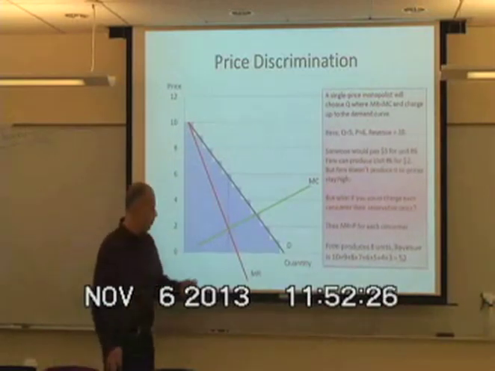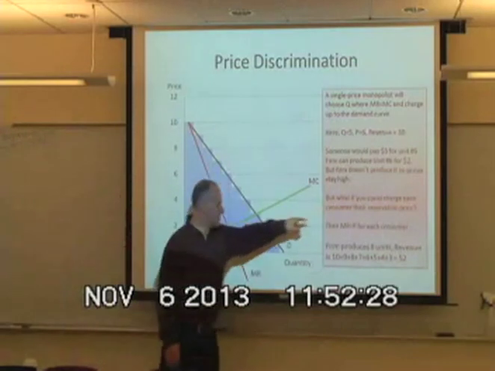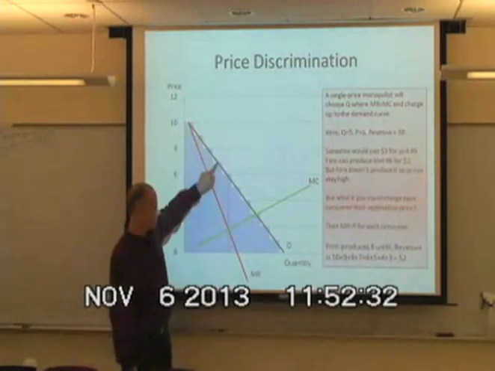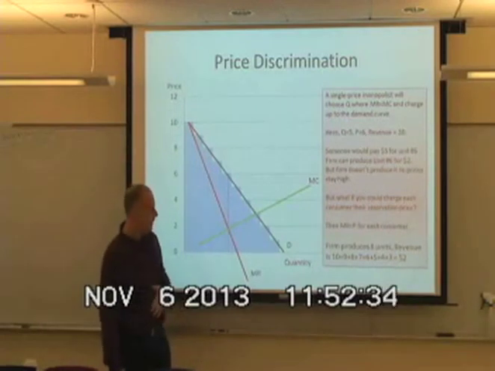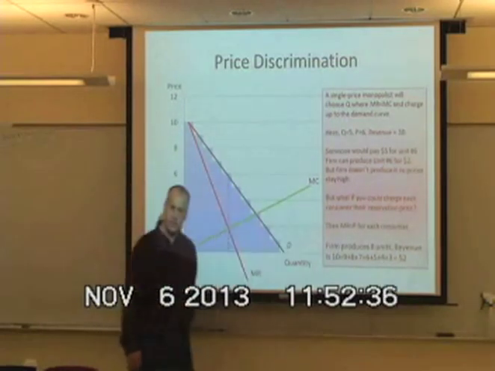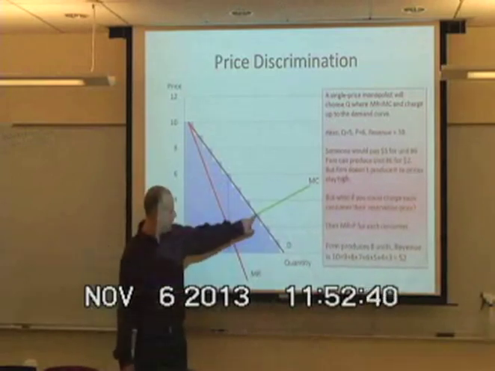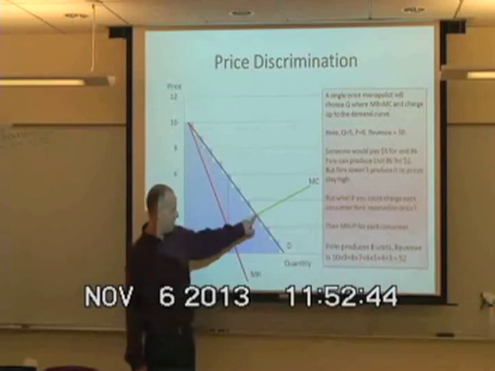In a world where you can charge each consumer exactly what they're willing to pay, 10, 9, 8, 7, and so on down the line, your marginal revenue is equal to the price that you charge each consumer. In this case, the firm produces all the way out to where marginal revenue equals marginal cost, producing 8 units.